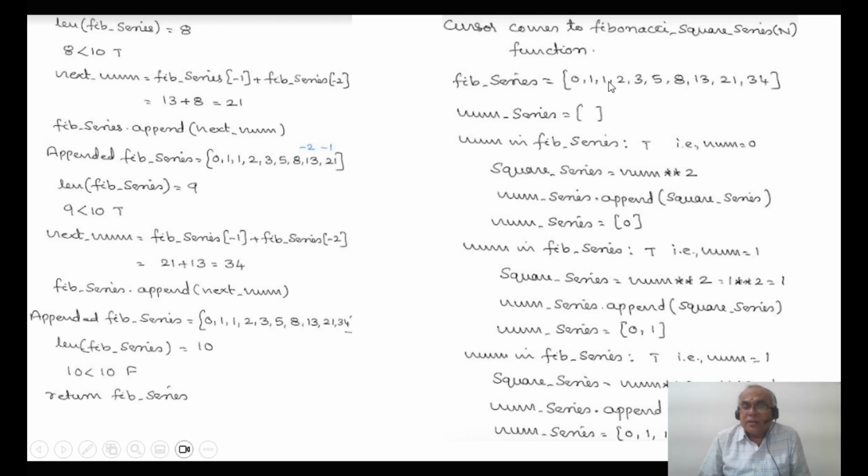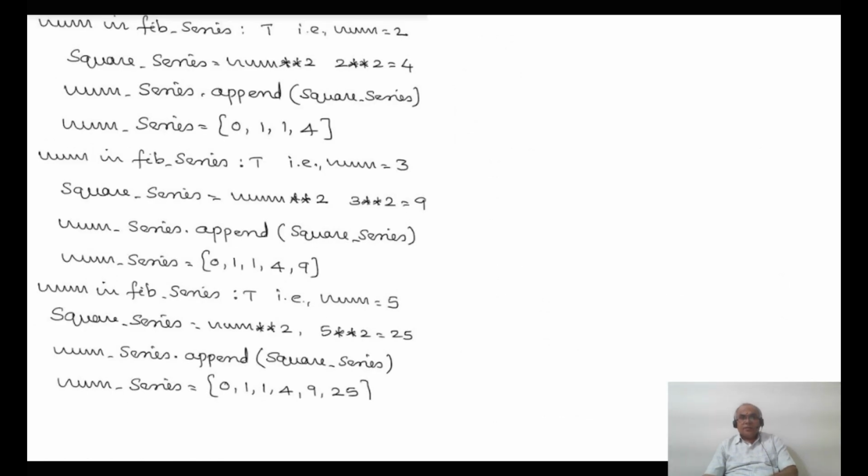Yes, because there is 1. So num is equal to 1. What is the square series? 1 square, so you get 1. You append that to num series: num_series.append(square_series). So num series will be 0, 1, 1. Then we'll go to the next.